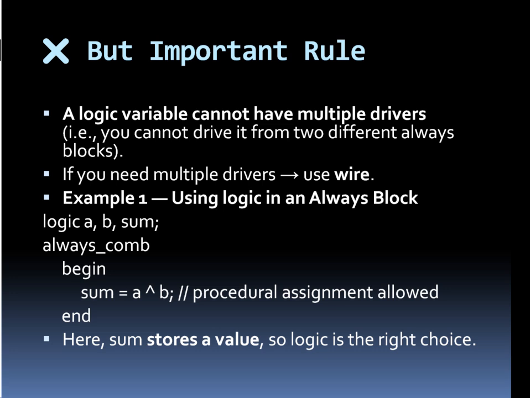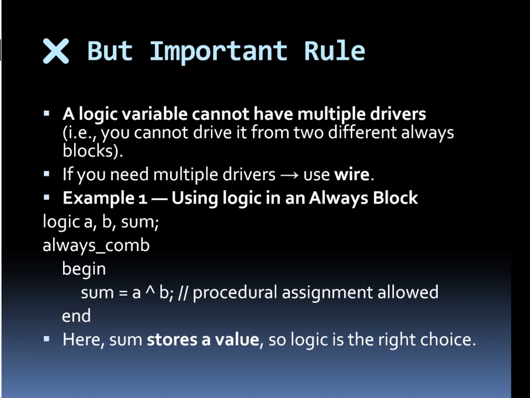I have already told you that a logic variable cannot have multiple drivers. In case of multiple drivers, we will use the net kind of data type, which is wire. If we use a logic variable in case of multiple drivers, it will show you a compilation error. So you cannot drive it with two different always blocks.